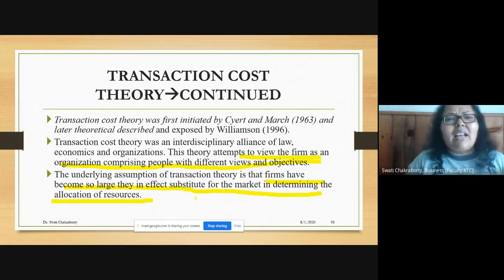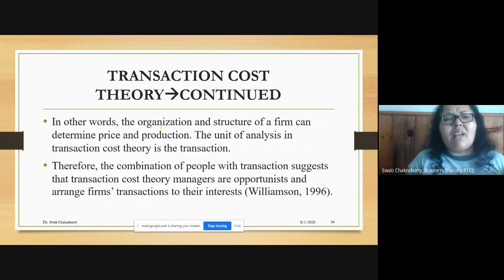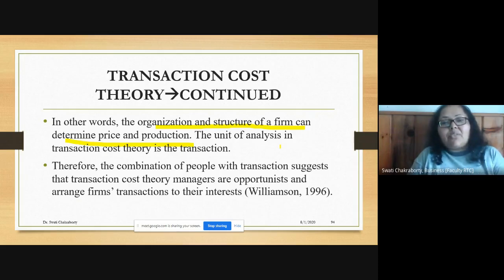So, in other words, what happens? The organization and the structure of the firm can determine price and production. It can determine what would be the price that you're paying, what is the production that is there.